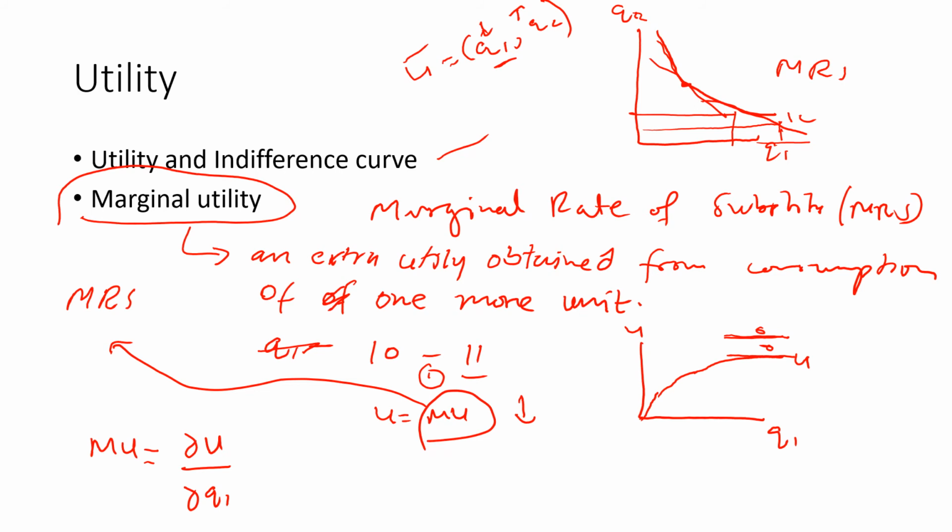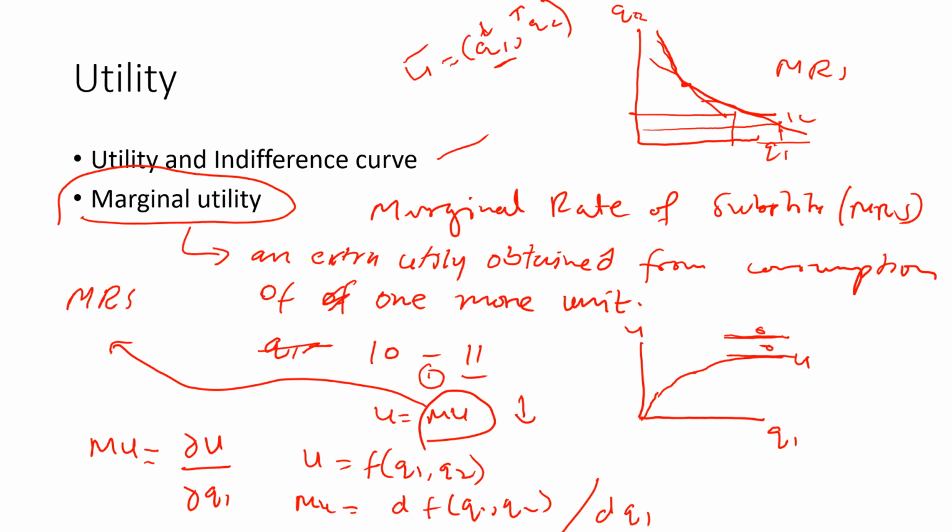As we described earlier, utility is a function of Q1, Q2. So marginal utility will be equal to the derivative of utility with respect to Q1, the change in Q1. And similarly, if you want to find the marginal utility of the second good, then we will have to differentiate this equation with respect to Q2.